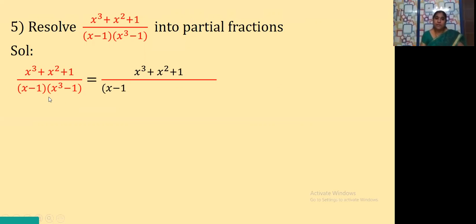Already one factor is there with us, that is x minus 1, into this one I am reducing as a product of two factors, that is (x minus 1) into (x square plus x plus 1), which is the a cube minus b cube formula, (a minus b) into (a square plus ab plus b square). Okay, so if you observe the terms here, these two are the same, yes or not? x minus 1 into x minus 1, which is nothing but (x minus 1) whole square. So let us do that. So here I am writing the formula for the x cube minus 1 term, which we did in the previous sum.